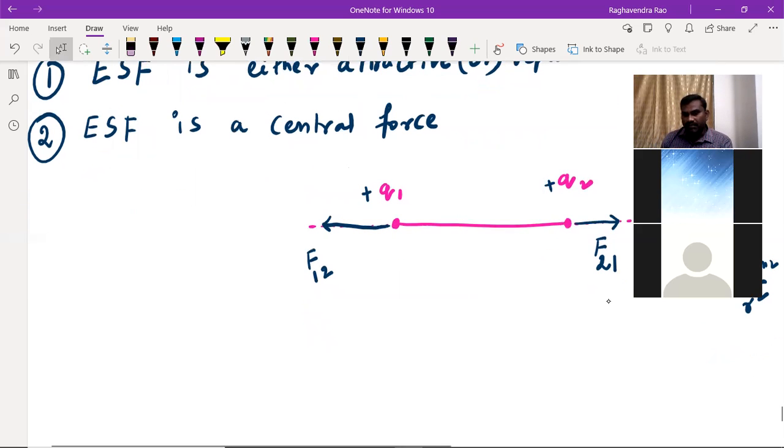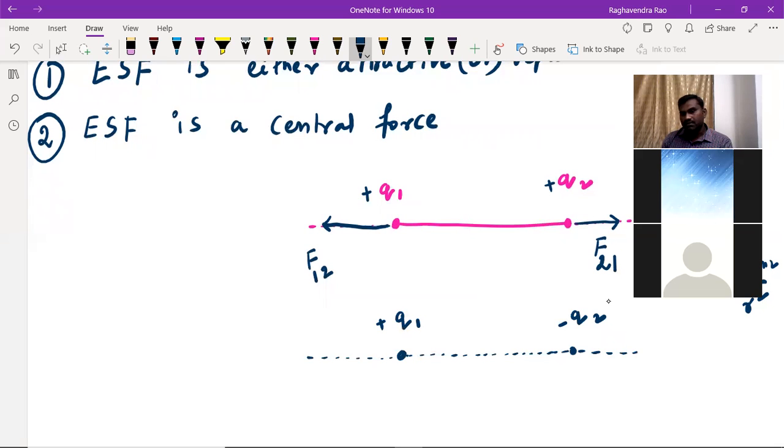In the same way, for example, this is plus Q1, this is minus Q2, unlike charges. This is the line joining the centers of the two charges. Now this is Q1 charge, this is minus Q2. So minus Q2 will attract this charge, that means in this direction.